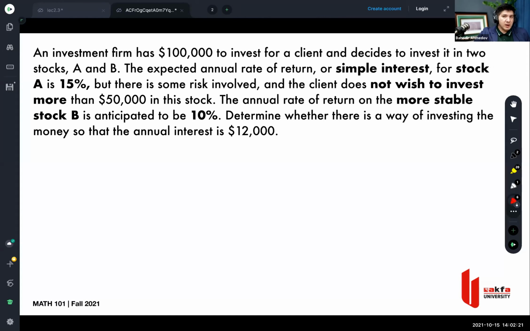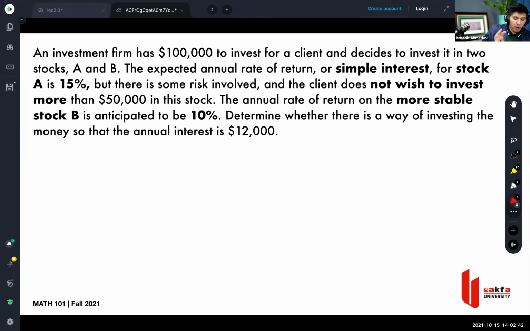And the constraint here is that he cannot invest more than 50% of his money, so essentially more than $50,000, in stock A. Again, which amount of money should he invest in A and in B in order to get interest of exactly $12,000?